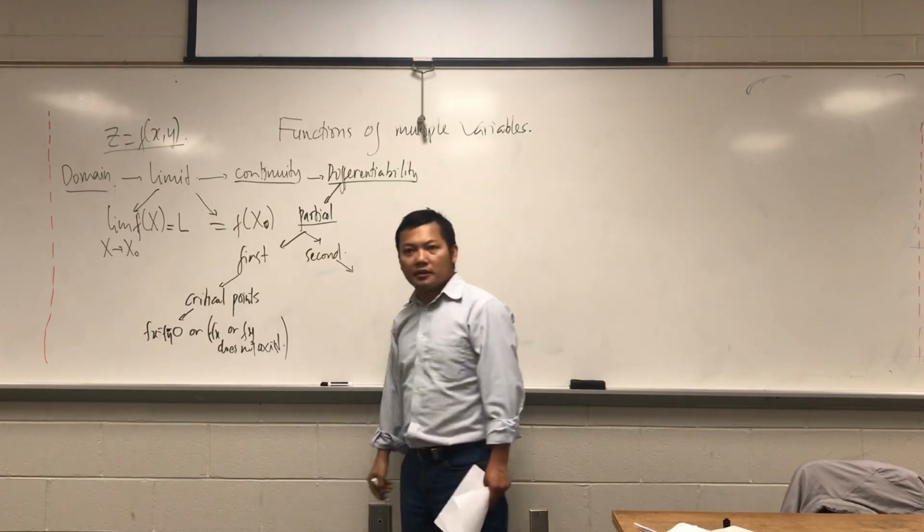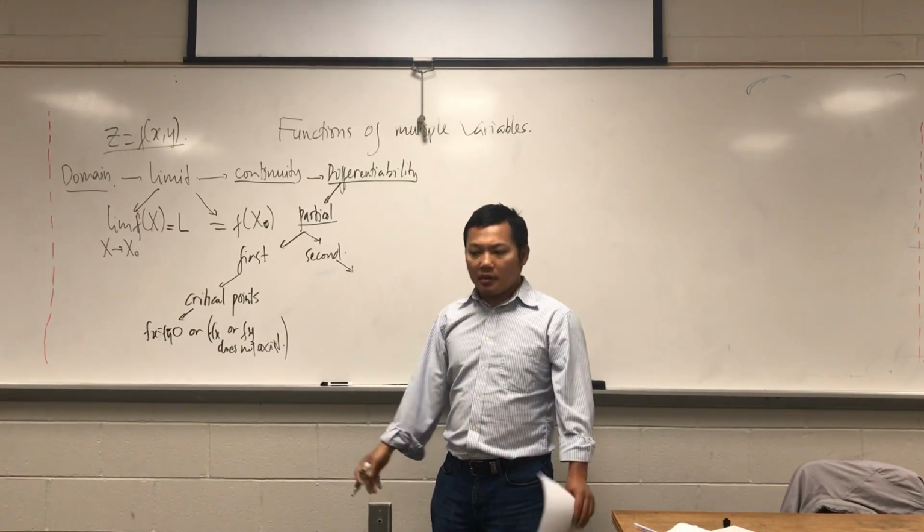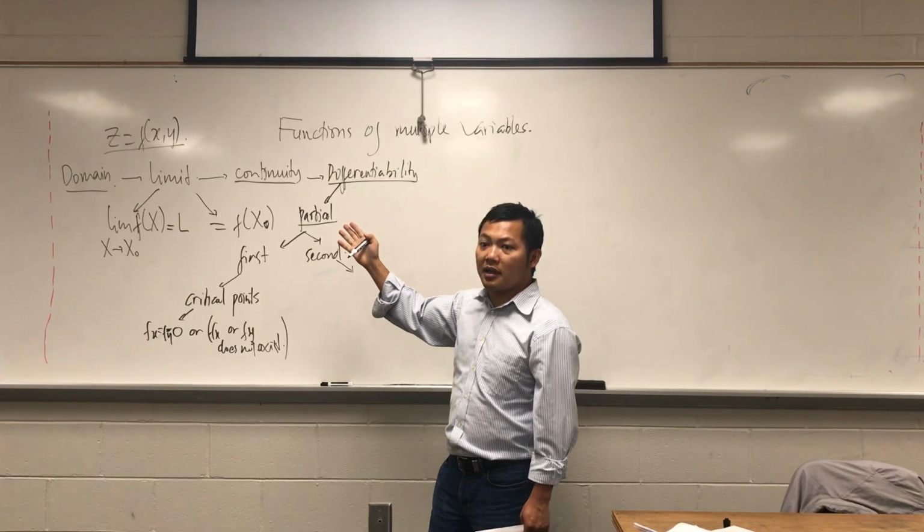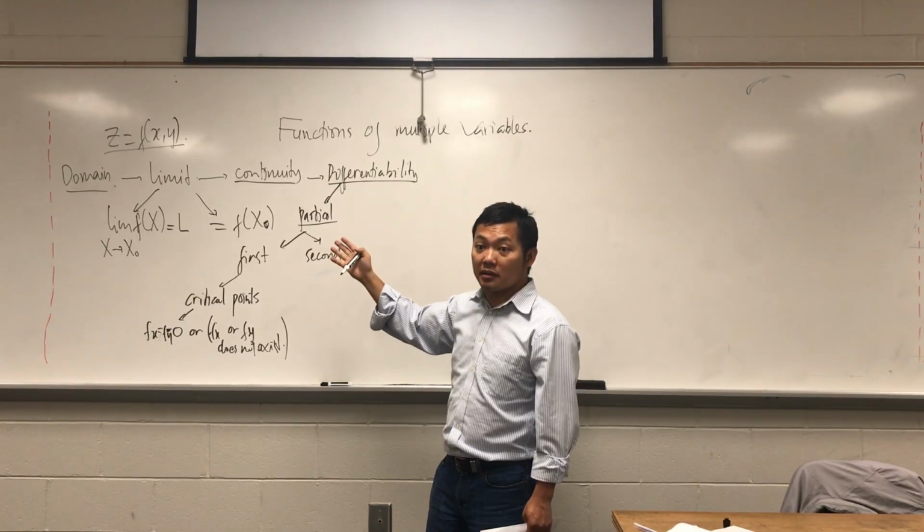All right, so just very quick, how about the second one? The second derivative. If we consider a function of two variables, we have different kinds of partial second derivatives, right?